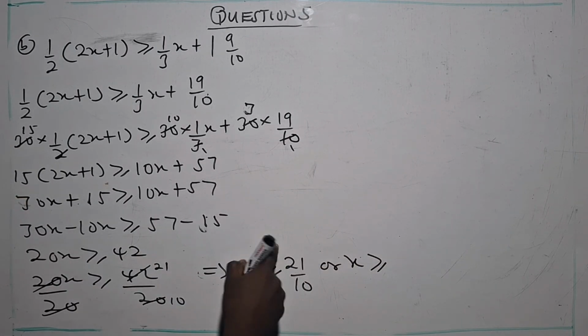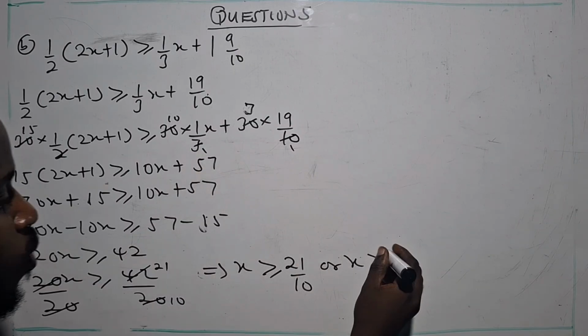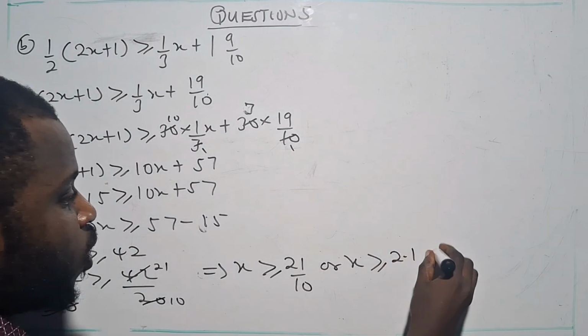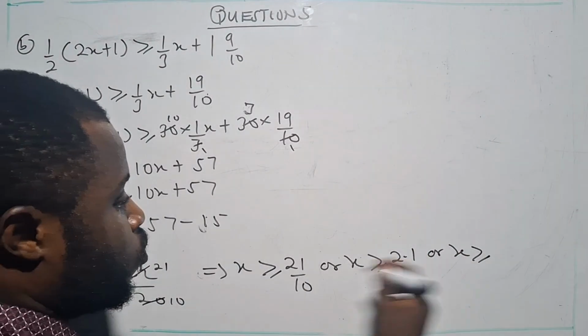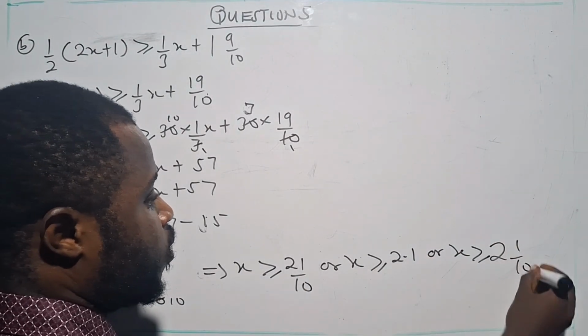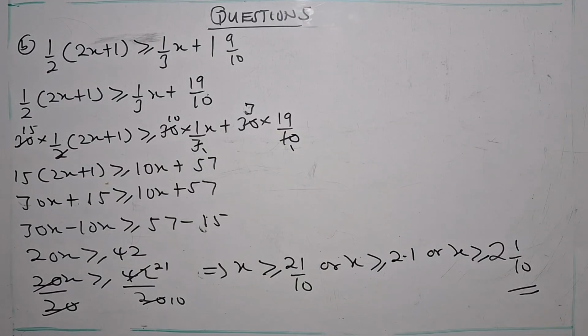Or x greater than or equal to, you can change it into decimal, 2.1. Or 10 will go into 21 2 times, remember 1 all on 10. So according to the marking scheme, if you leave your answer in any of these forms, you are to be marked correct.